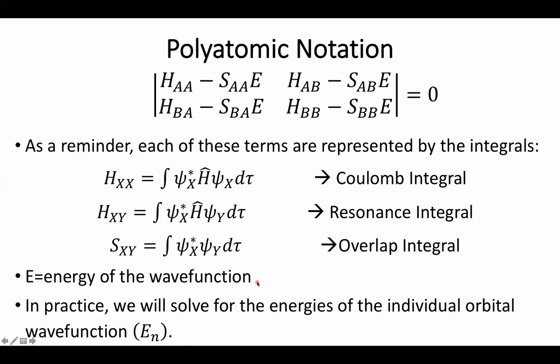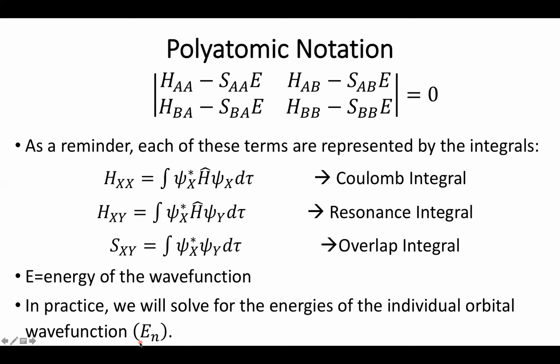However, in practice, what we're going to typically be solving for is the energies of individual molecular orbitals. Now, to represent the fact that I may have molecular orbitals 1 or 2 for mixing 2 orbitals, I may end up having 4 different orbital energies if I'm mixing 4 atomic orbitals, 6 energies if I'm mixing 6 atomic orbitals, and so on and so forth.